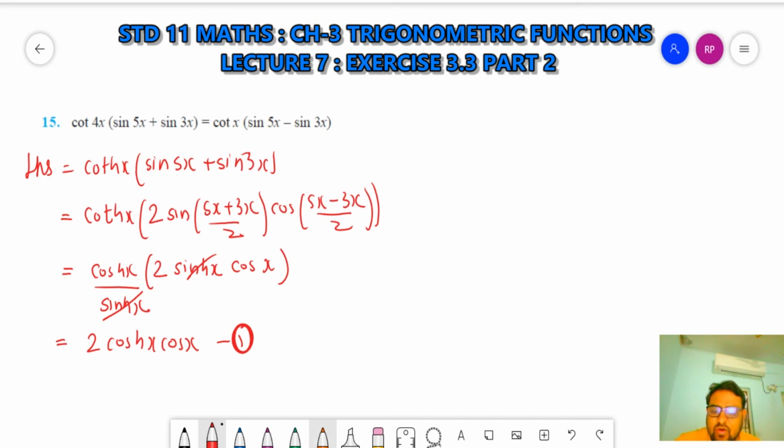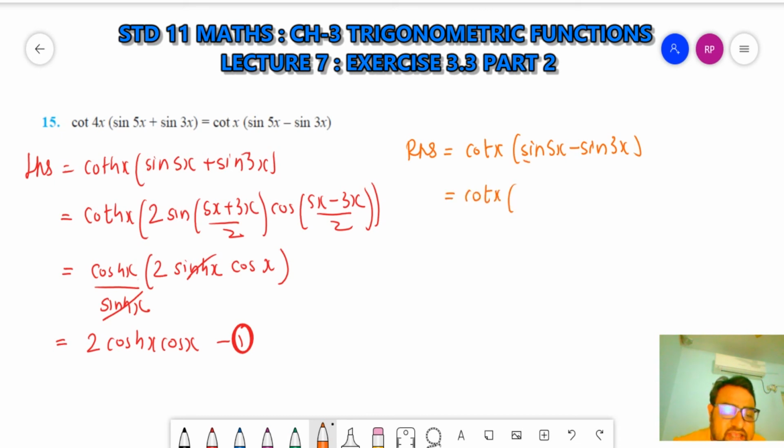Okay, now let's see about RHS. It's cot x into (sin 5x − sin 3x). Here it's sin minus sin, 2 cos sin. So it will be 2 cos((5x + 3x)/2) sin((5x − 3x)/2), multiplied by cot x.